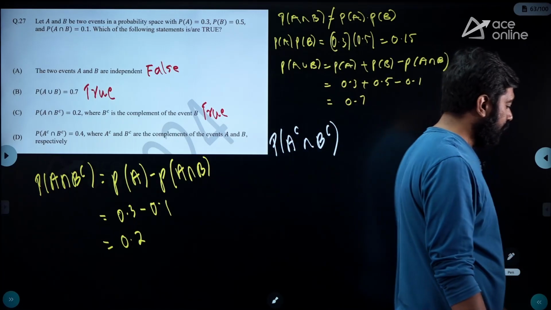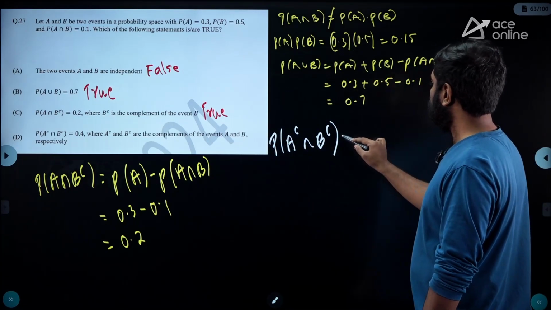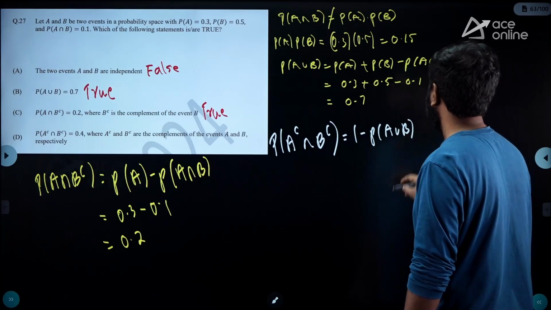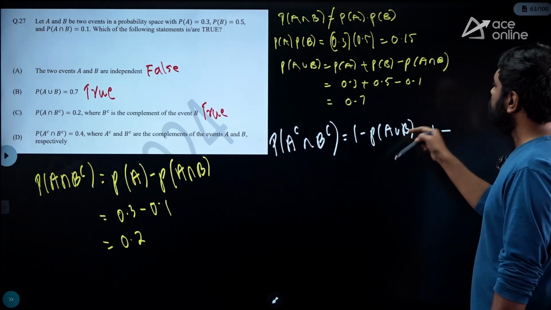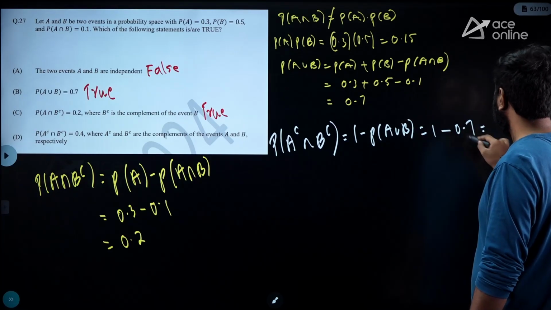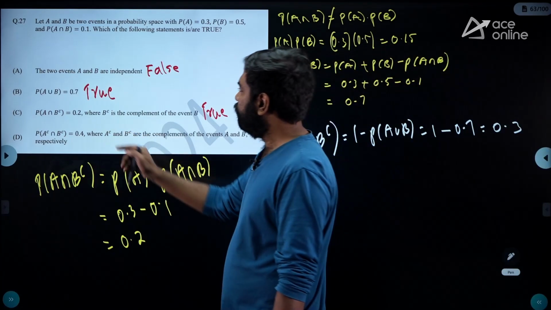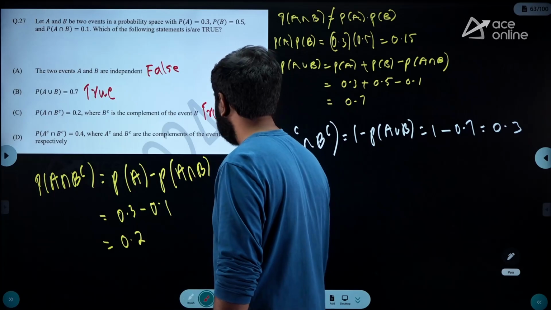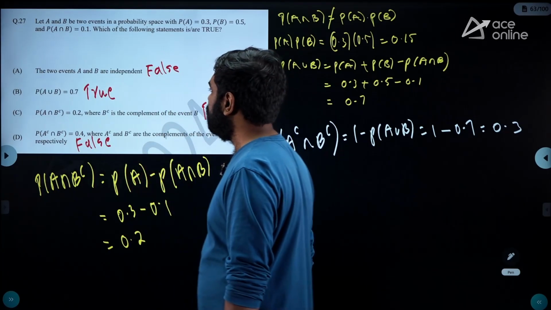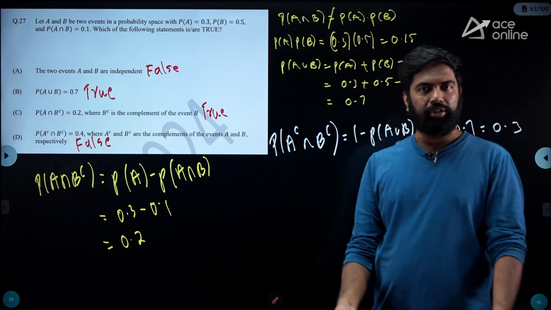Let's ask the students to give us ideas. So P of A complement intersection B complement is, yes, 1 minus P of A union B. P of A union B was freshly calculated as 0.7. So 1 minus 0.7 is 0.3, but they wrote 0.4, which does not match. This is false. B and C are the answers for this question. The majority was right.